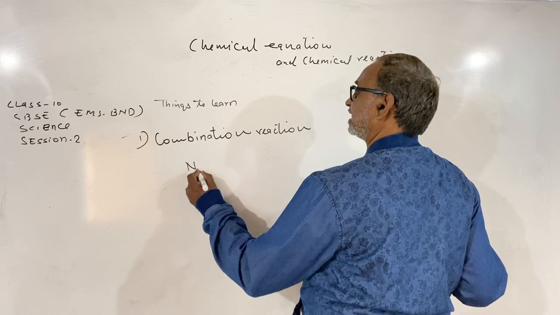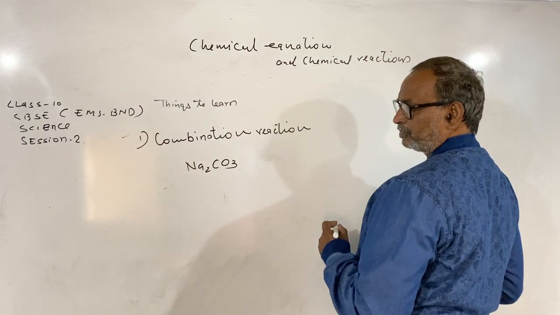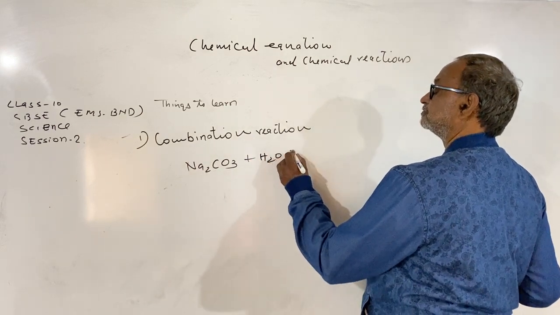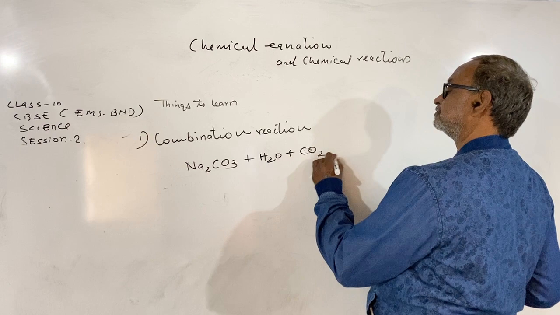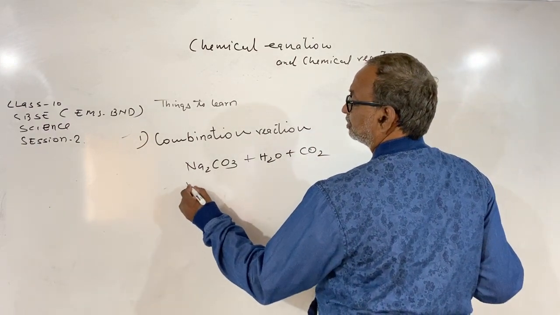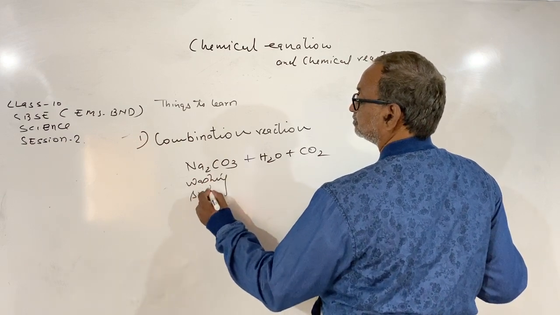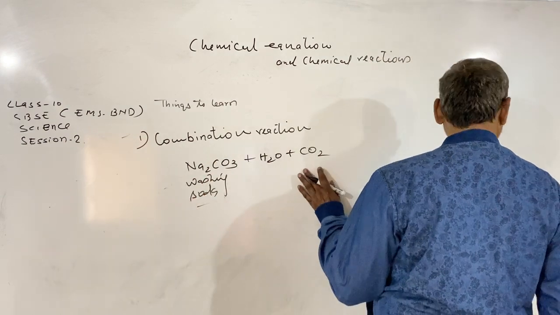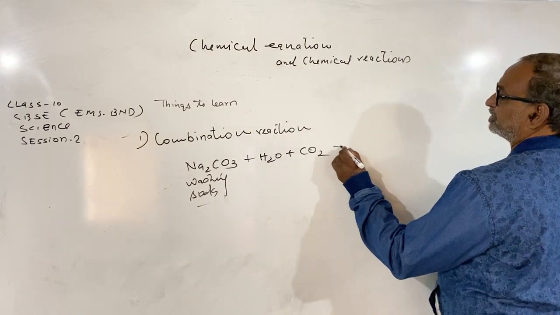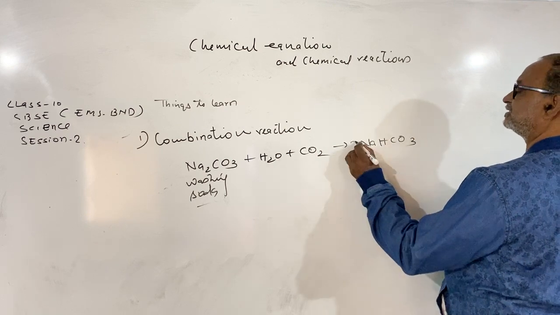When carbon dioxide is passed through washing soda, this is sodium carbonate or washing soda, and carbon dioxide is passed through the solution, sodium hydrogen carbonate or sodium bicarbonate is formed.